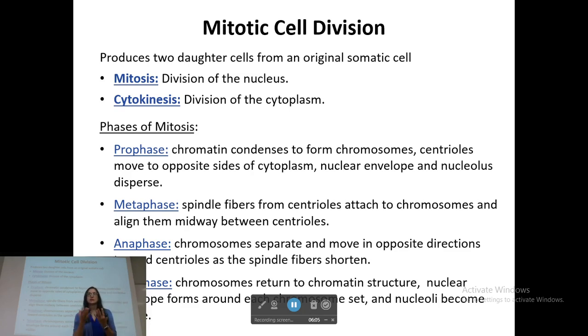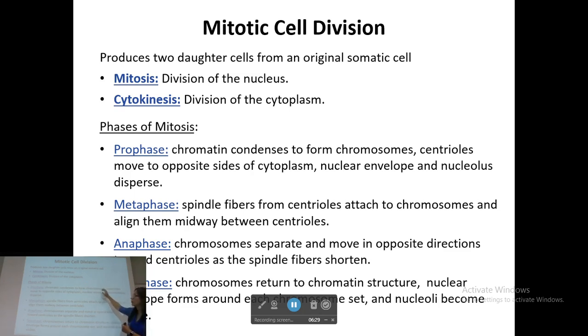Chromosomes are just DNA and protein, and it forms a particular shape, like a long string. And if it's a replicated chromosome, it has two sides to it. So chromatin condenses to form chromosomes.